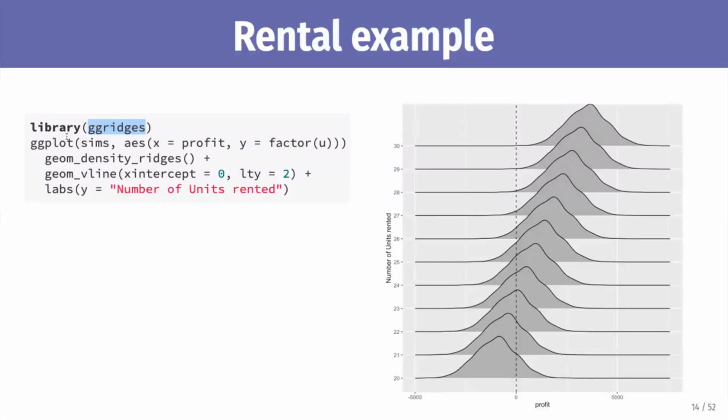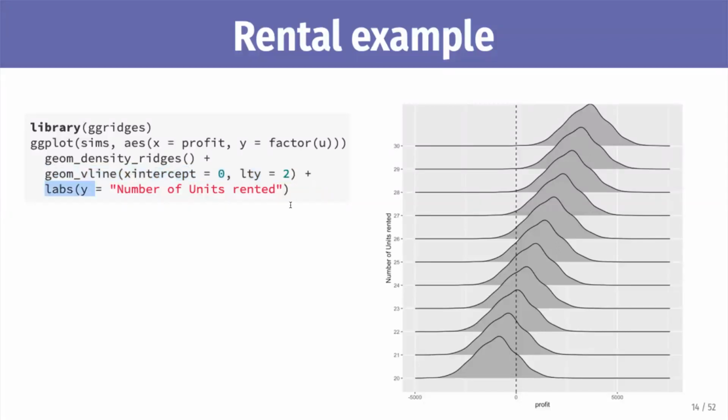To do this, it's very similar to the code that I used for the box plot, except now I'm putting the number of units on the y-axis and the profit on the x-axis. And this geom density ridges is what's creating these little ridge lines, or these little densities, for each of my different scenarios. And then I've incorporated a vertical line here at 0 to denote where I would be not profitable.